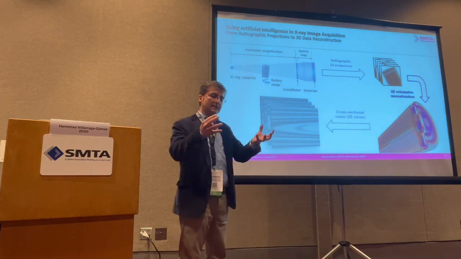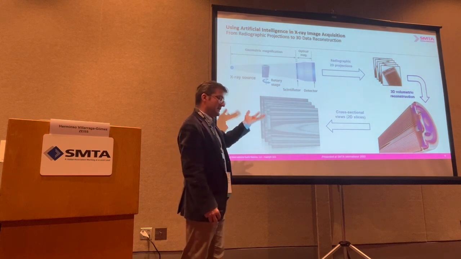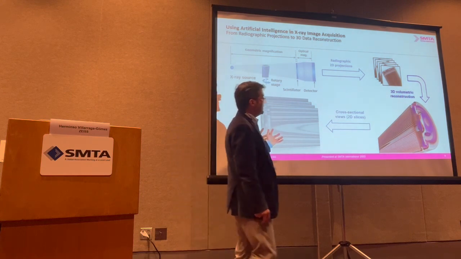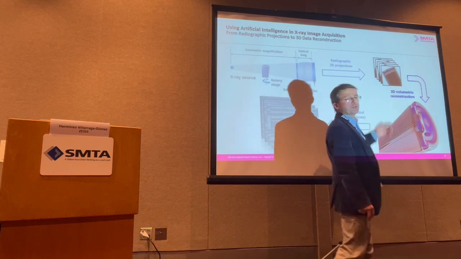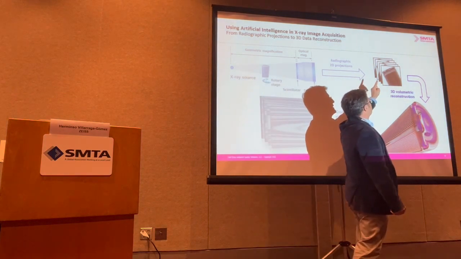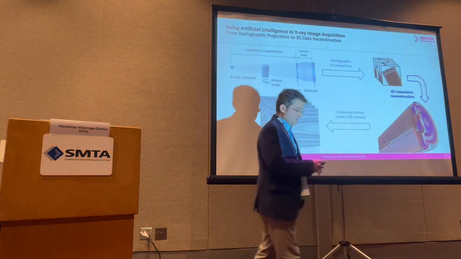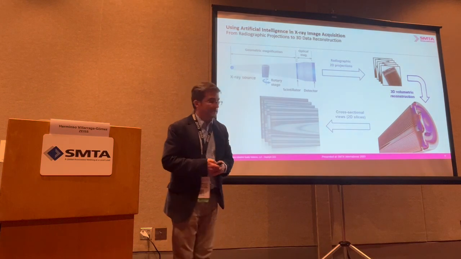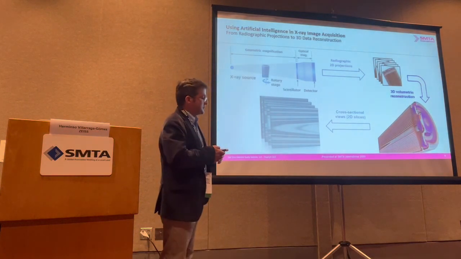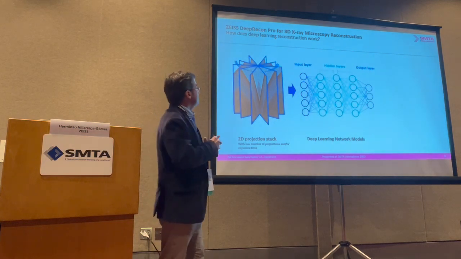So once the data is reconstructed, they try to improve the data after reconstruction. That's a post-processing approach. We are using a pre-reconstruction approach. What we are doing is leveraging deep learning between the 2D radiograph and the 3D volume reconstruction to improve the image quality and speed up the scan time by reducing the number of projections. And that's what we are doing.